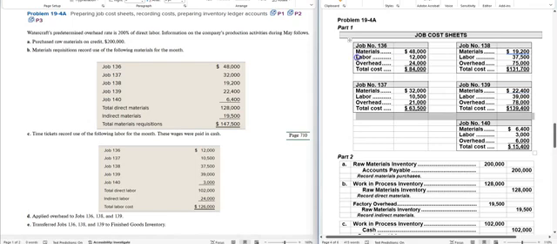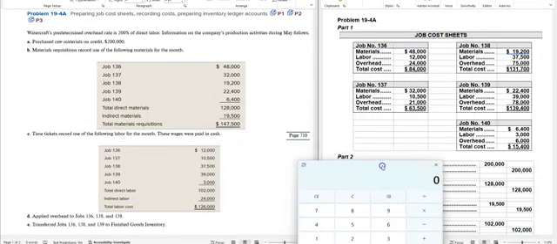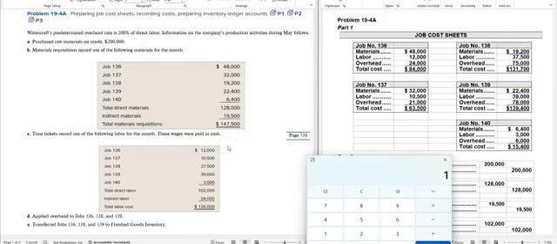So if job 136 had labor costs of $12,000 multiplied by 200%, it means that the overhead that I am going to apply to that job is 12,000 times 200%, or 24 grand. Labor of 10,500 times 2, or 200%, is 21 grand. Job 138, labor cost of 37.5 times 2 is 75,000.